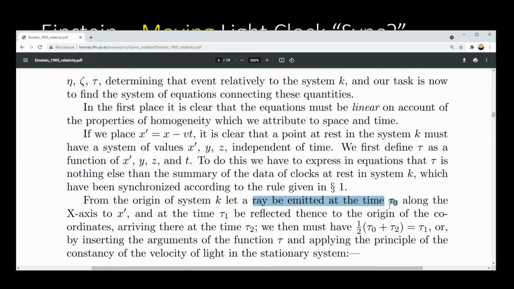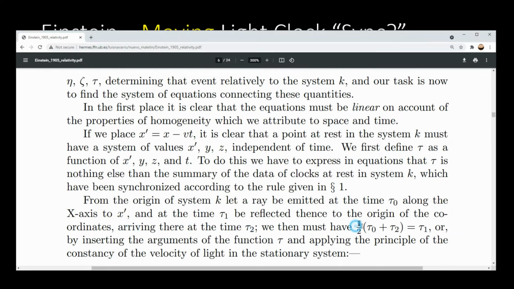Now tau is the moving clock, along the x-axis to x prime. He's using the origin, which would have been point A, and x prime, which would have been point B. And at the time tau 1, be reflected back to the origin, arriving at time tau 2.